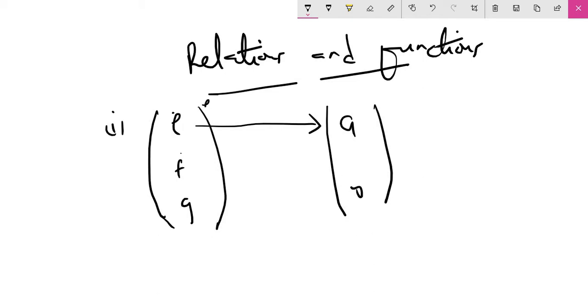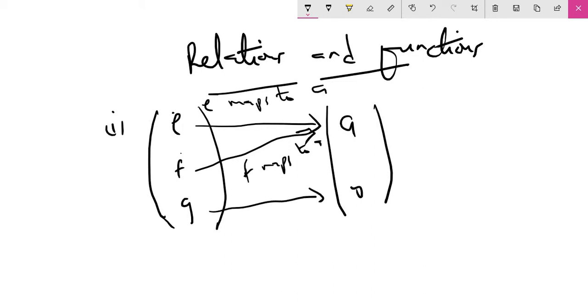So we say E maps to A. Similarly, F can also map to A. G maps to B. And that's really what mapping is.